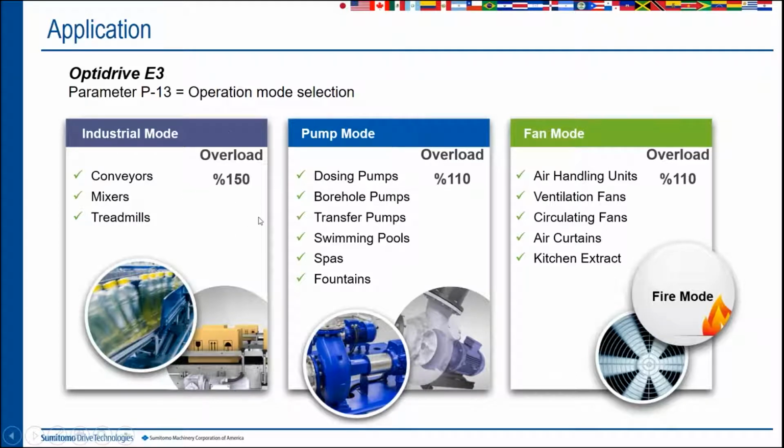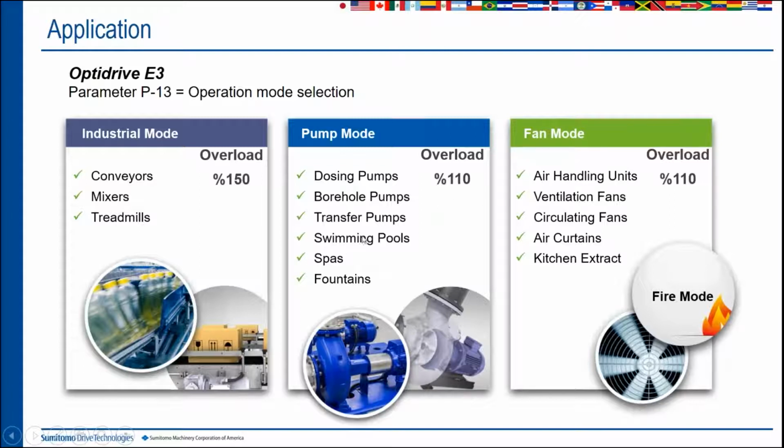This overload means 50% more of the nominal current provided by the drive. So 150% is 50% more current, or 10% more current for pump and fan modes.